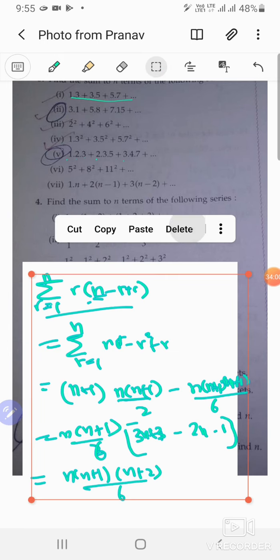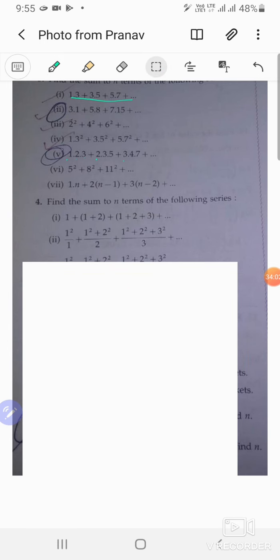Okay, let's move on to the next question, which is find the sum of n terms of the following series. Oh, come on. 1 plus 1 plus 2 plus 1 plus 2 plus 3. Hey, wait a second, I think we have done this kind of a question once, right? So what is this thing? It's just like r into r plus 1 upon 2, summation from r equals 1 to n, right?